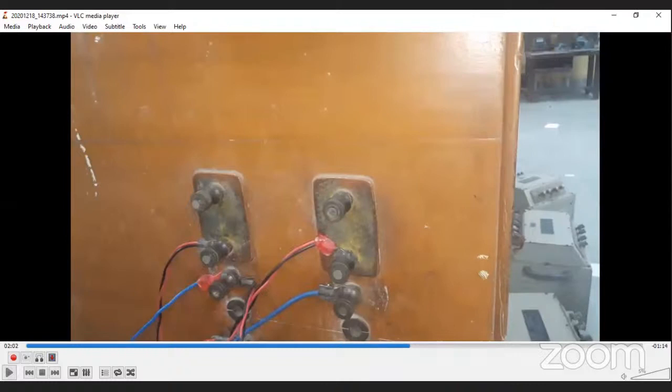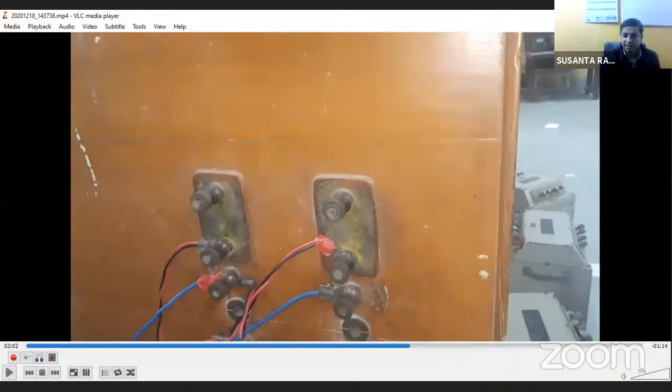That shorting I think you have already seen on the wattmeter side, isn't it? On the wattmeter side, that is shorted by a fuse wire. And as the current coil is connected in the right line, he is connecting the pressure coil terminal to the left line so that they can measure the voltage.